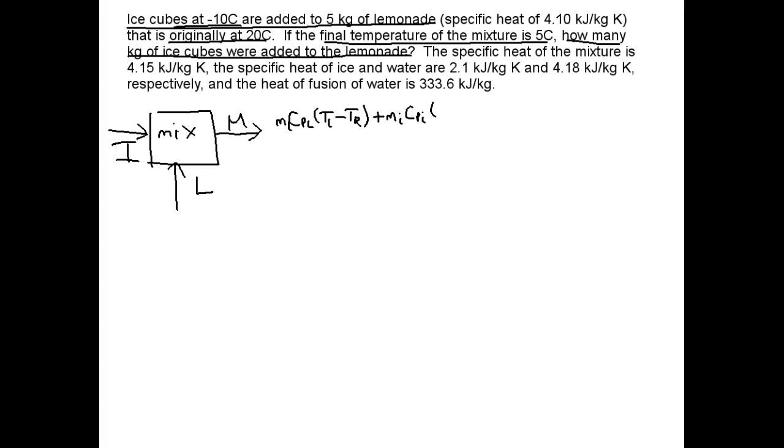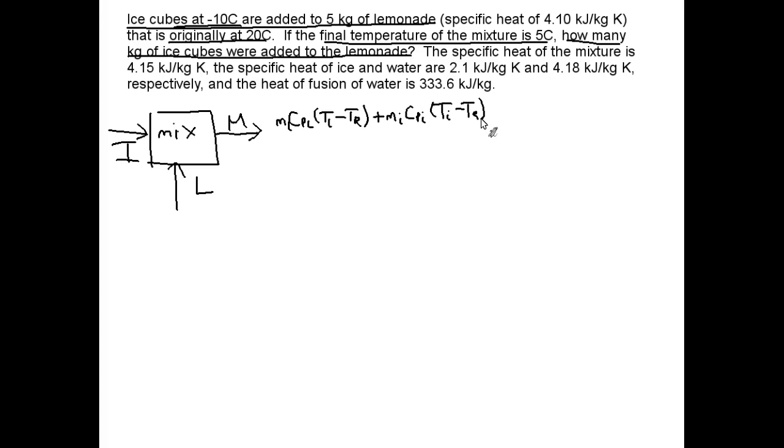So if we're heating our ice up, we can only heat it up to 0 C. So for our temperature term for ice, we are going to start with the initial temperature of the ice. We'll subtract our reference temperature, but now we need a term that accounts for the ice melting, and then that water that we now have, the ice melt, is heating up the rest of the way to 5 C.